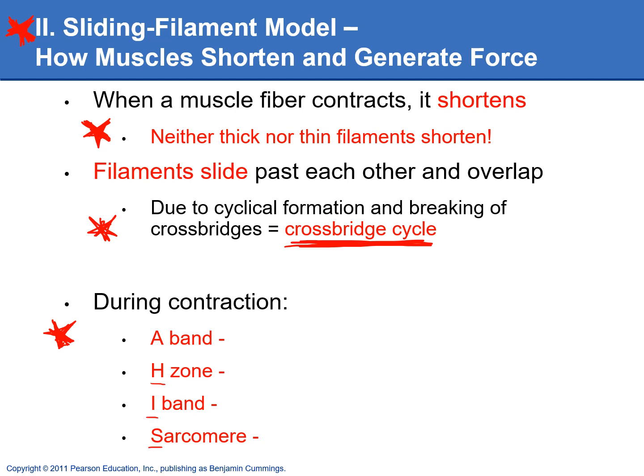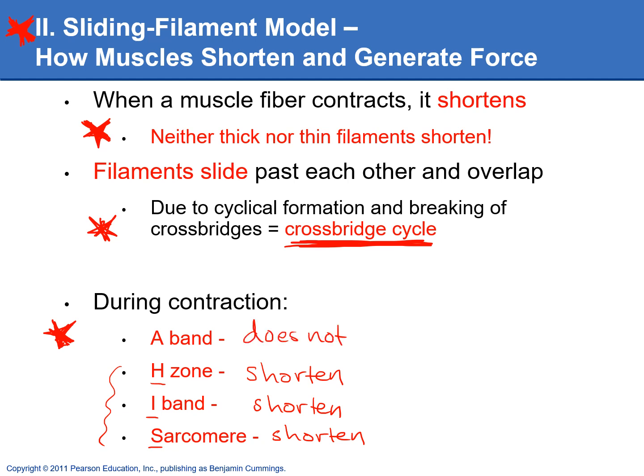If I take the first letters here, the word "his" is a short word, and so all of these are going to shorten. So the H zone, the I band, and the whole sarcomere itself, those are all going to shorten. But the A band does not shorten.